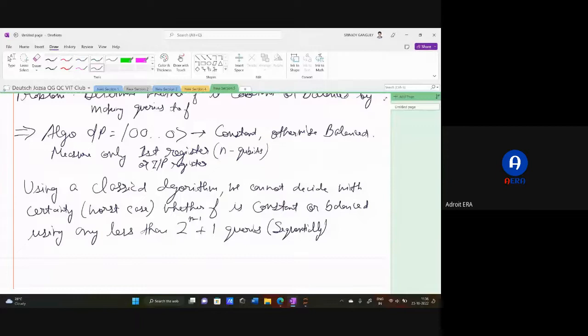Then 2 to the power 2 minus 1 is 1, so 2 to the power 1 is 2, and then plus 1 is 3. So for a multiple qubit Jozsa case, you will require 3 queries, and you have to put them sequentially.